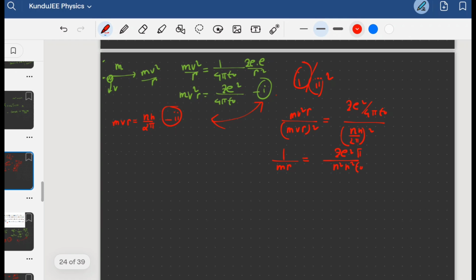If I put the value of n to be 1, that is the first Bohr orbit radius, r will be equal to a naught. So 1 by m a naught will be equal to z square pi by h square epsilon naught. So the value of a naught we are getting is epsilon naught h square by m z square pi.